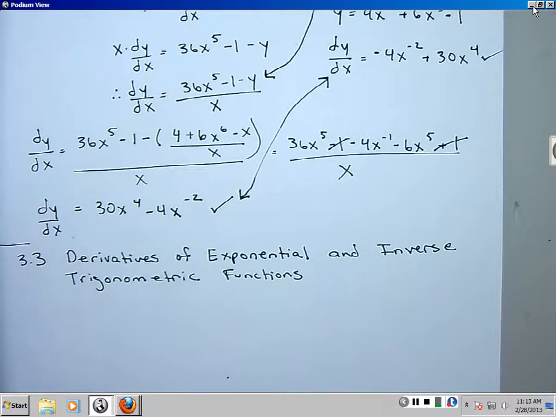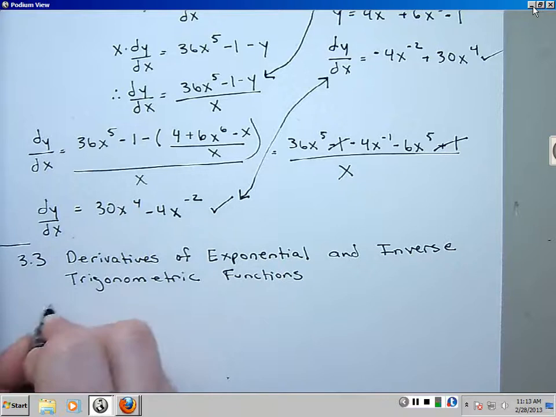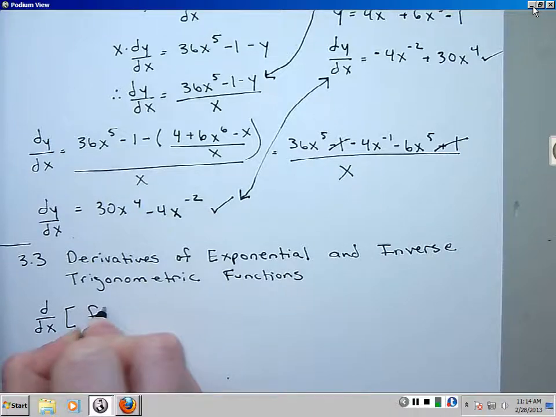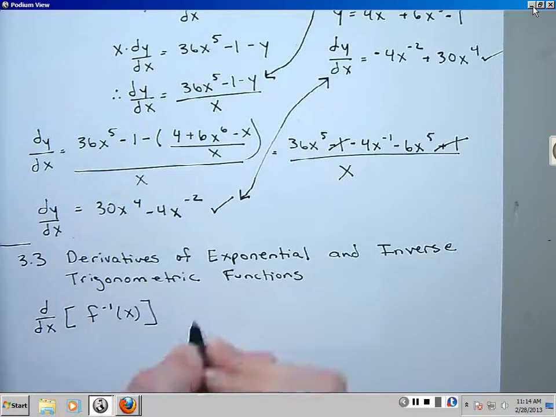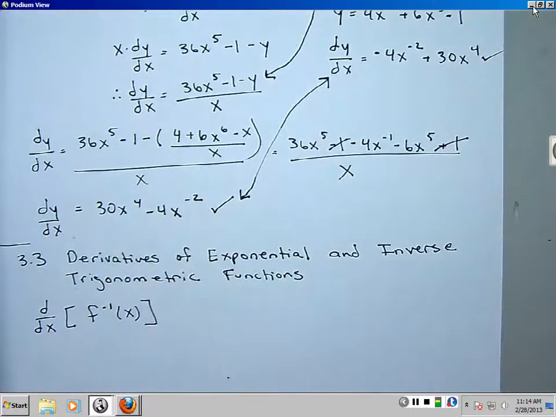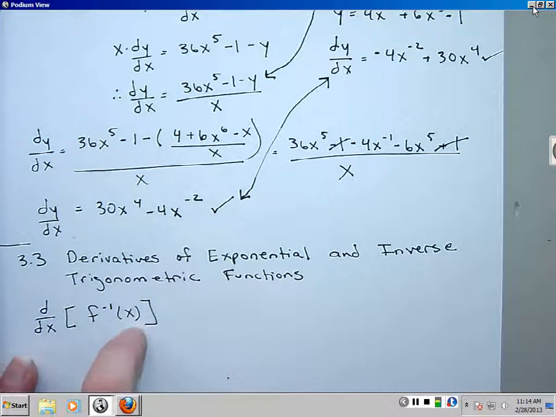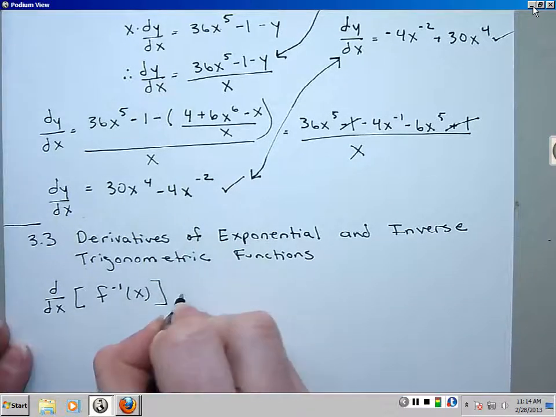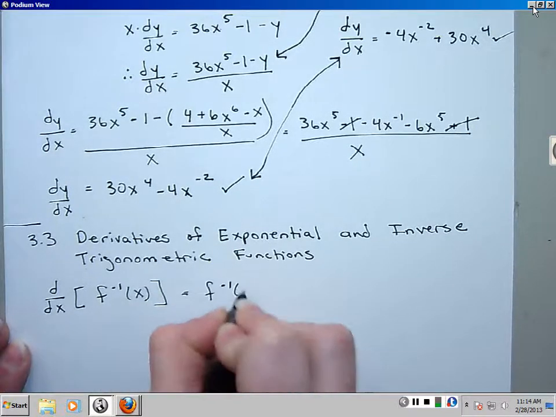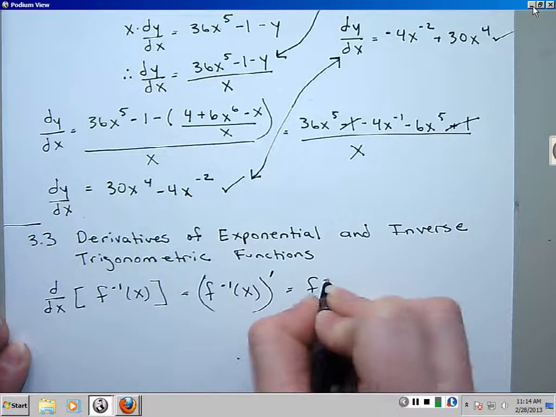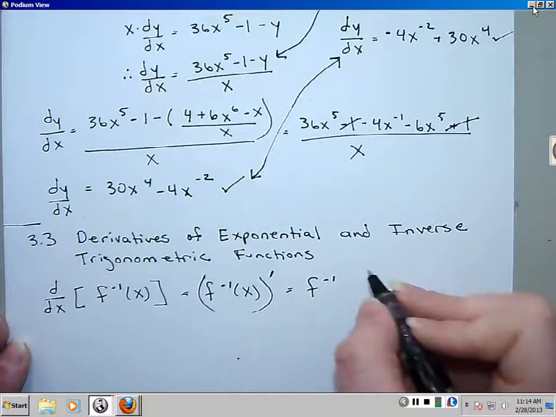Okay, so let's say I want to find the derivative with respect to x of f inverse of x. Be very careful. I'm really bad at writing the derivative of the inverse. A lot of times this would be the derivative of the inverse of x, prime. Your book will write it like this.